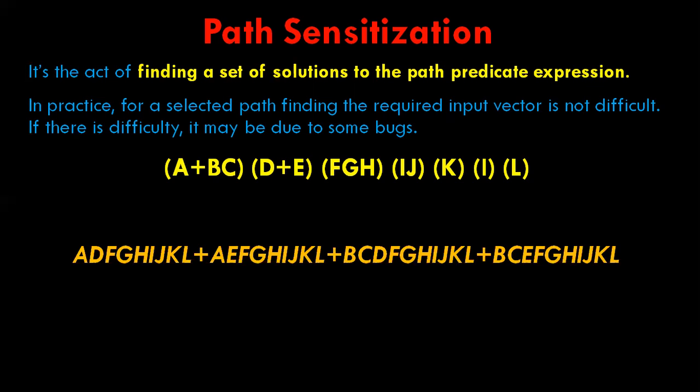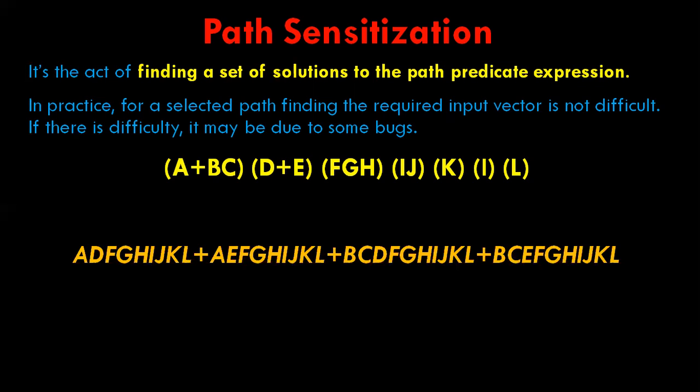The path predicate expressions are the collection of expressions that must be fulfilled in order to achieve the desired path. If all the expressions are met, the path is achieved, else the path is not achievable. So either we can achieve the path or we may not.